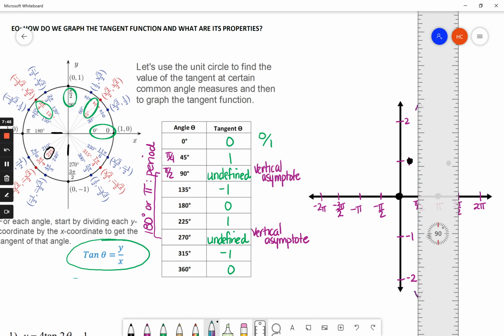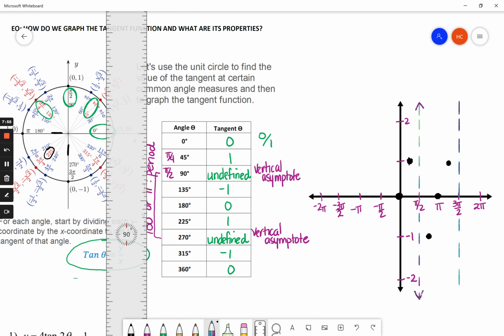So let's go ahead and draw this other vertical asymptote. And notice that there's going to be a pattern happening, because at 315 we're back at -1, and then at 360 it's a 0, and so forth.